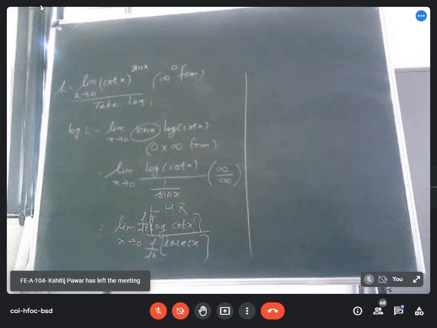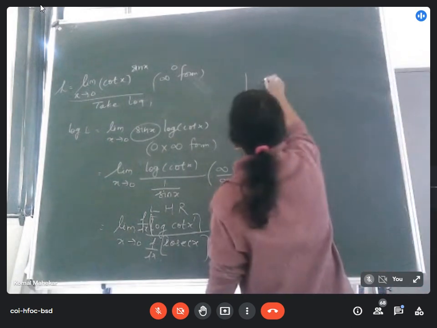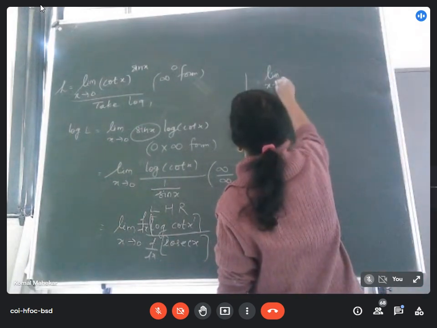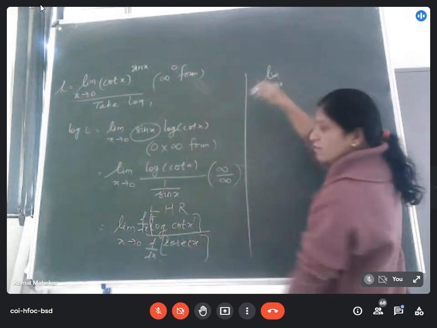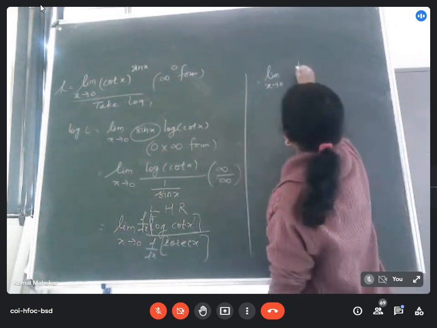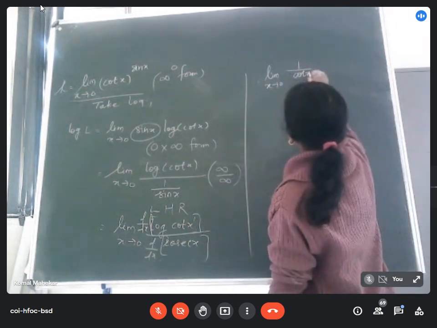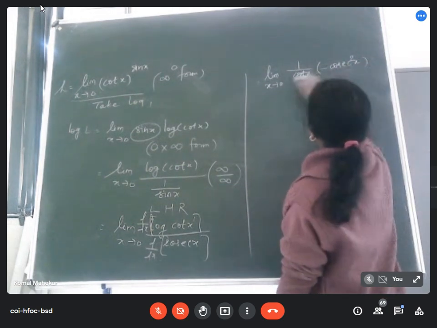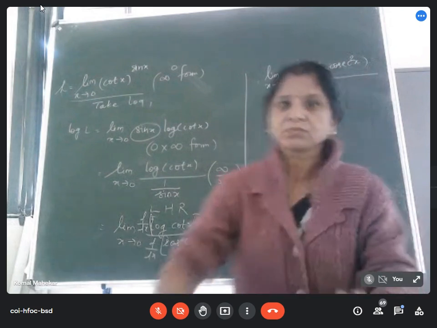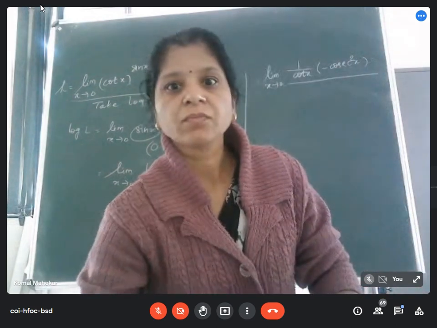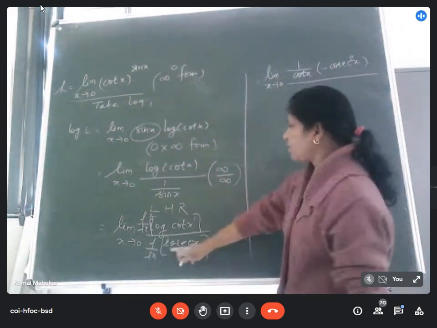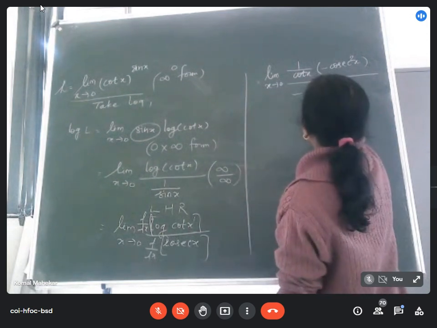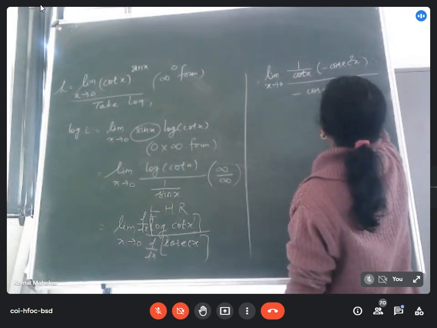So this is equal to limit x tends to 0 of the derivative of log of cot of x. So this is 1 upon cot x into the derivative of cot x, which is minus cosec square x, divided by the derivative of cosec x, which is minus cosec x into cot of x.